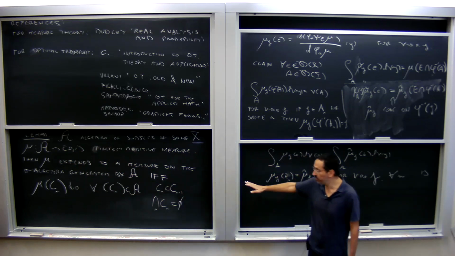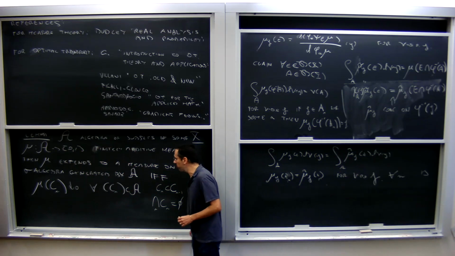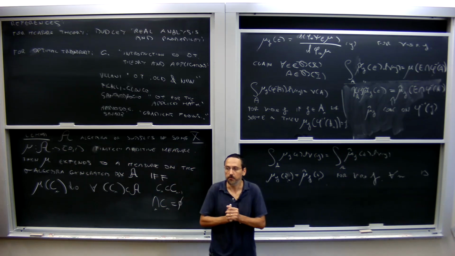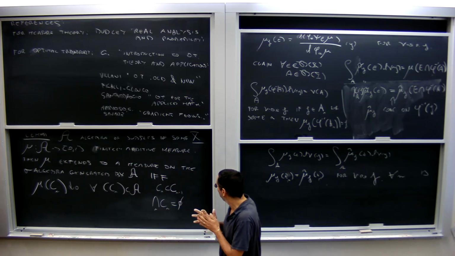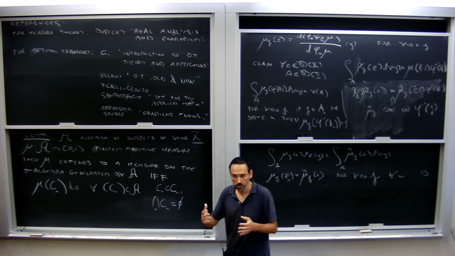Now the proof of this result is totally trivial. You start from such a finitely additive measure, you build the outer measure generated by this measure.